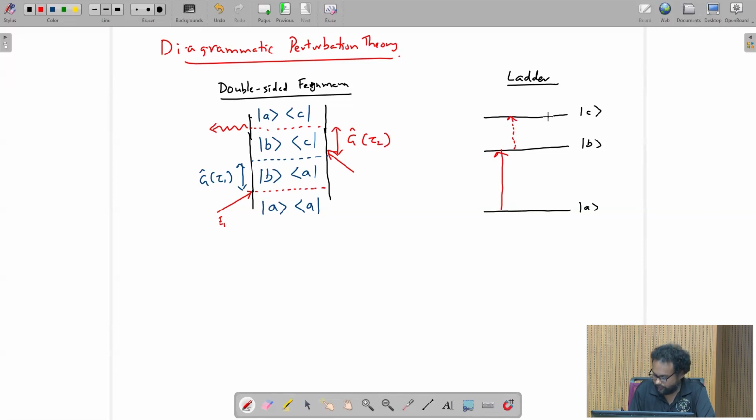And then finally, you will see polarization that is emitted to these segments.